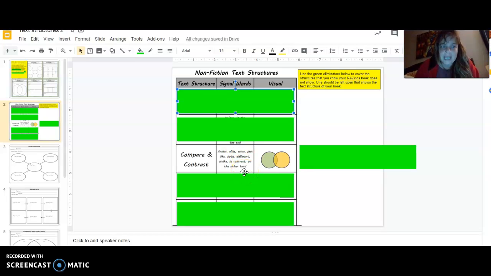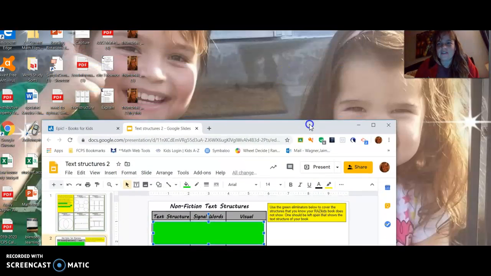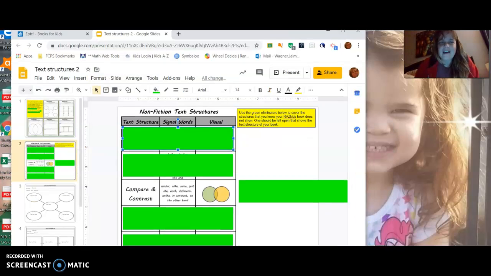So learners, for today, what I'd like for you to do is I want you to reread your RazKids book from yesterday. And then as you're reading, cover up, and remember, you can, do you see a picture of, here's Emma and Avery.